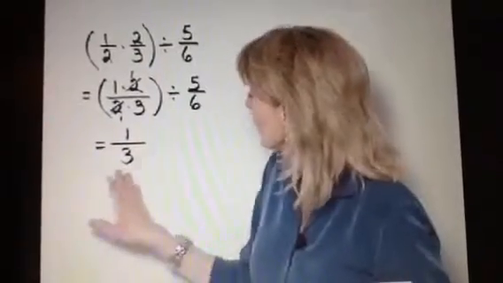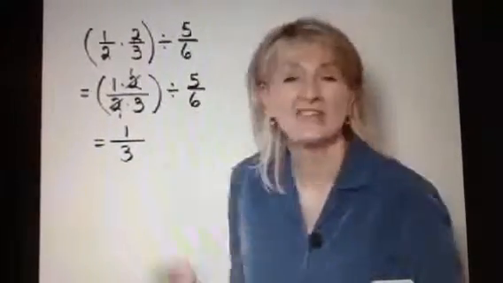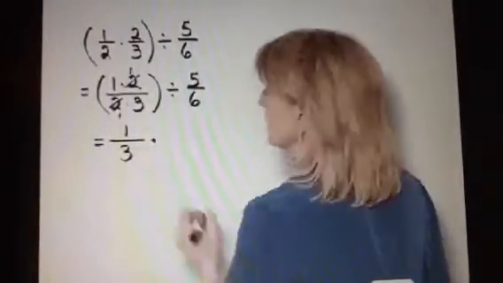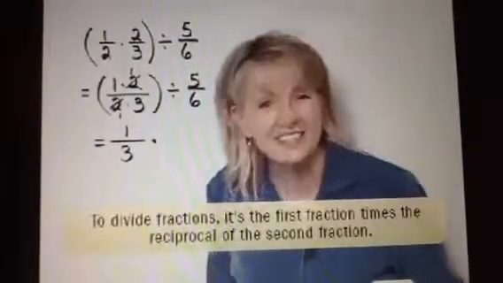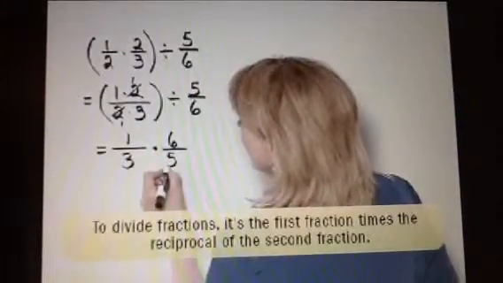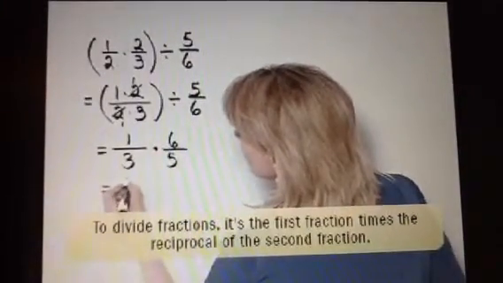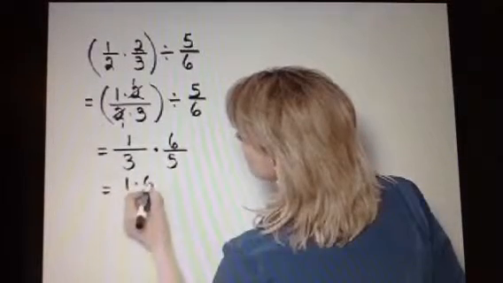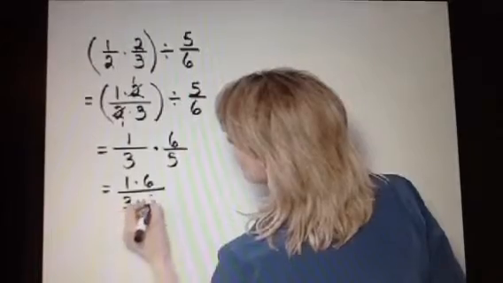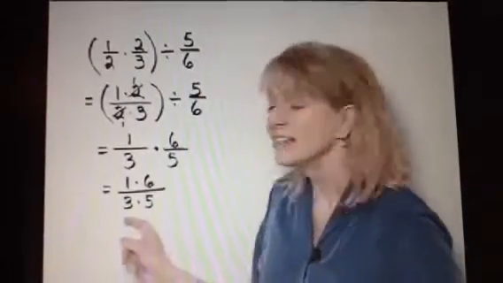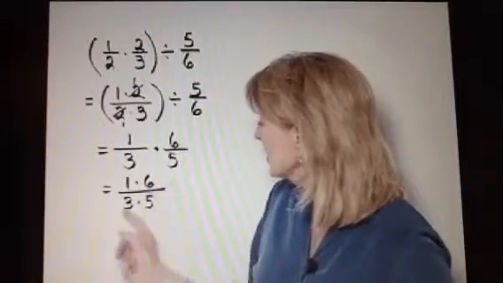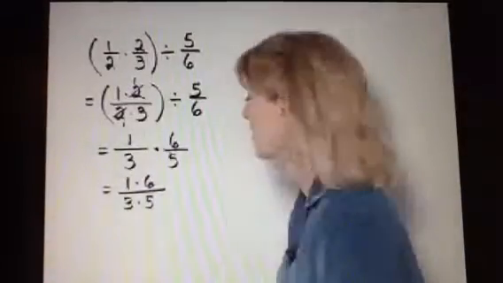Now that's the product. I'm dividing that by 5/6. So let me go ahead and make it multiplication of the reciprocal, 6 over 5. And so that is numerator times numerator over denominator times denominator. Now, will there be any common factors? The answer is yes. 6 and 3 have a common factor of 3.